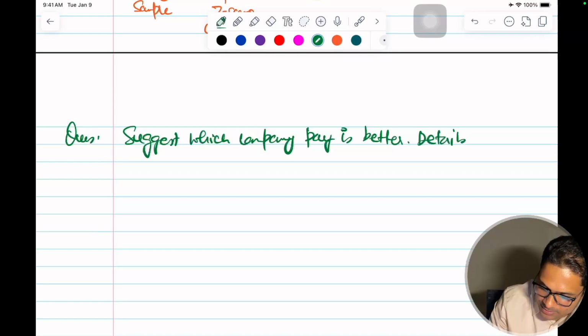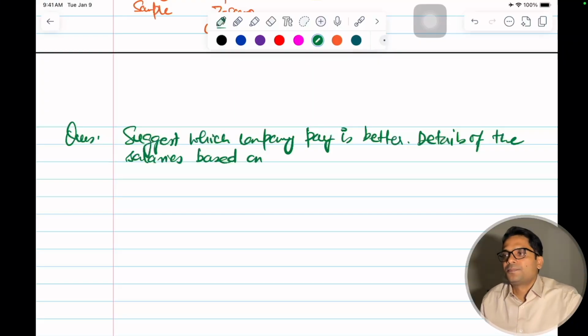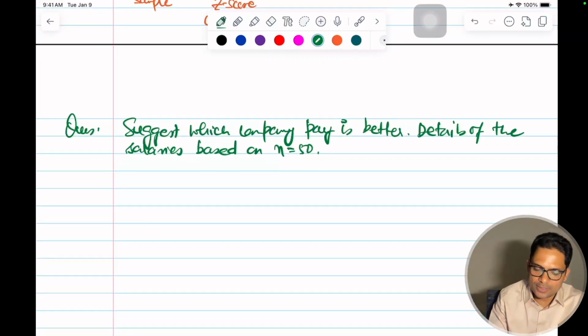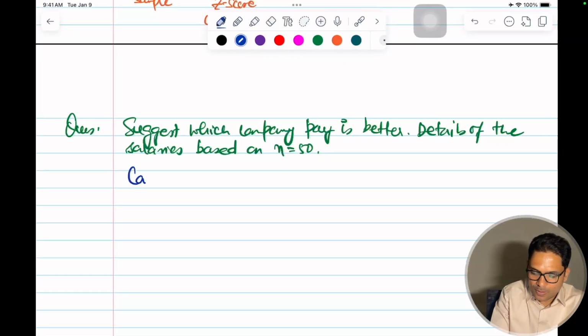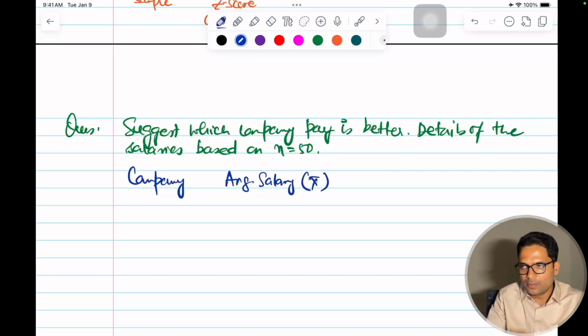I'll give you details of the salaries based on a sample size of 50, based on n equal to 50 people they surveyed, and I have two companies. Okay, so I'll give you the average salary, x bar, and then I'll give you the standard deviation.